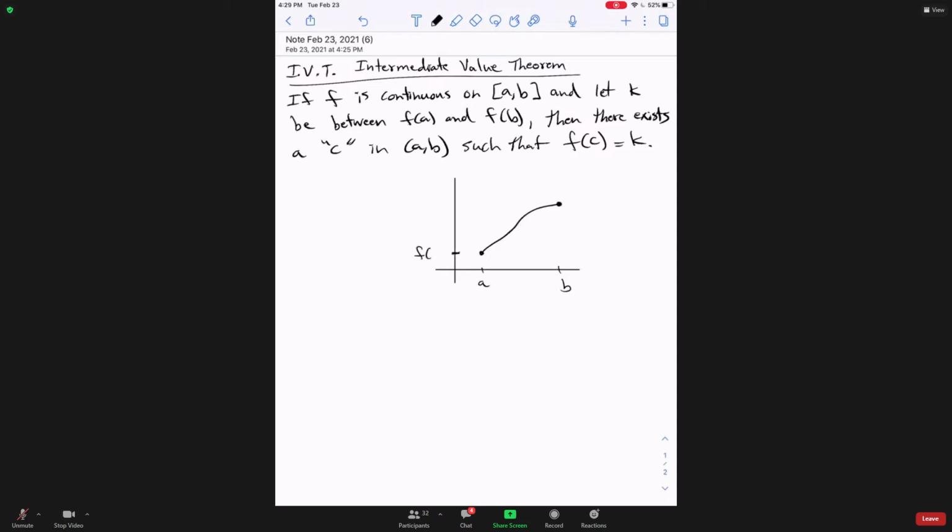Let's say here's f(a), and there's f(b). Now k, remember, is a y value, the function value. So k is the value that's between f(a) and f(b). And c will be the value that's between a and b.